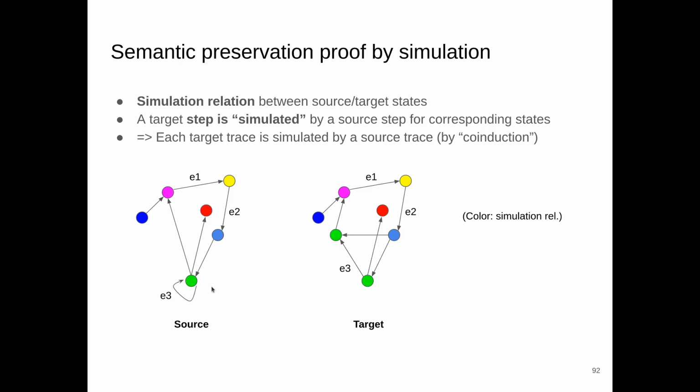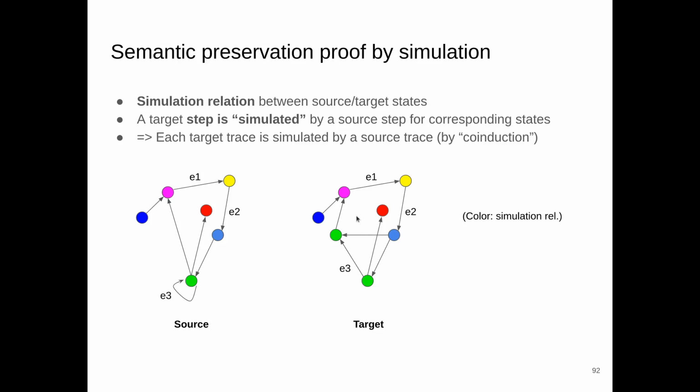So this color is basically representing what is called a simulation relation. So you can arbitrarily choose a simulation relation. So in the proof, you can choose anything. So if there is any valid simulation relation, then you can prove the semantic preservation from source to target. Okay, so far so good.